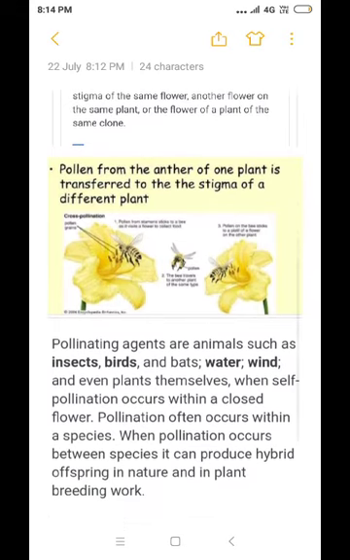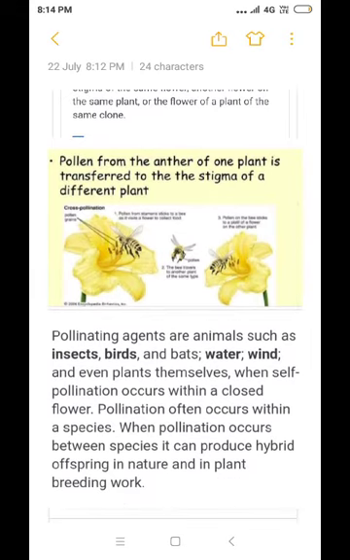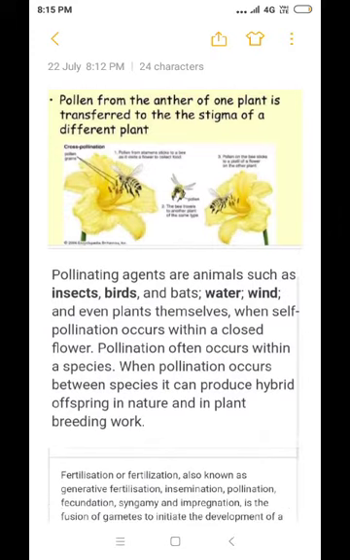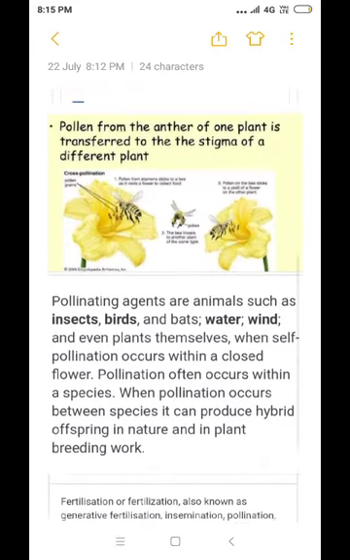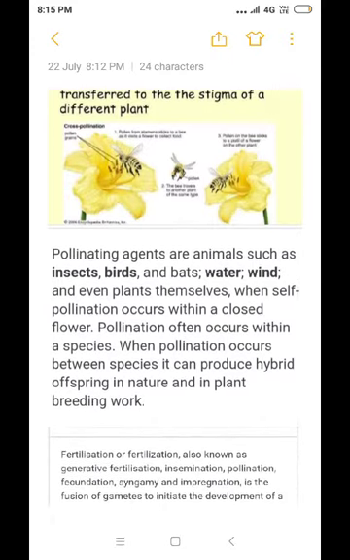Now we will study what cross-pollination is. The transfer of pollen grains from the anther of one plant to the stigma of a different plant is called cross-pollination. Cross-pollination also uses some pollinating agents for transferring pollen grains.